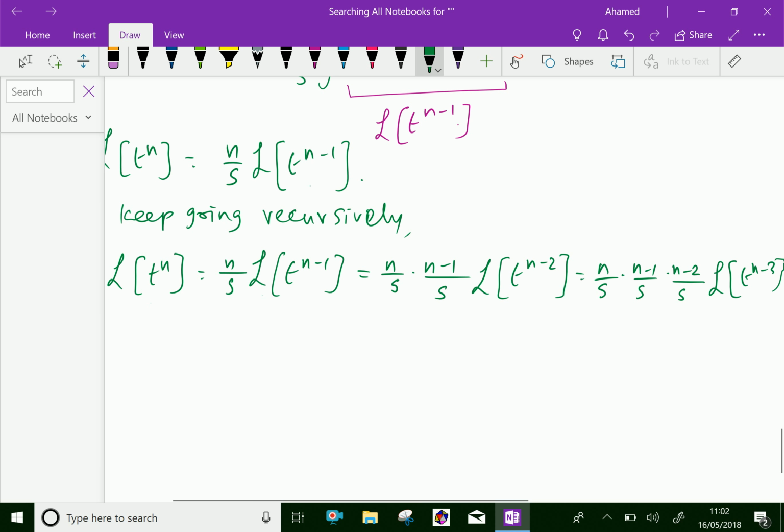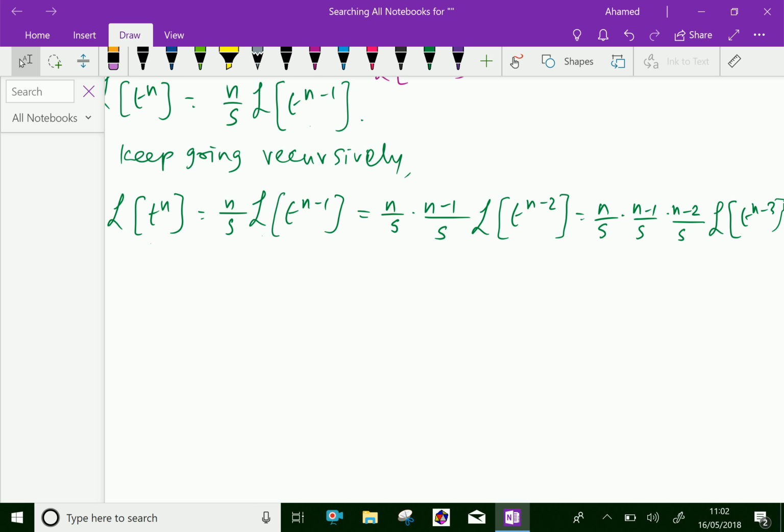Keep on going, we write n into n minus 1 into n minus 2 over s cube Laplace transform of t power n minus 3.